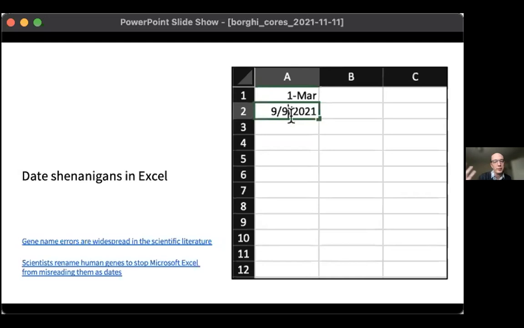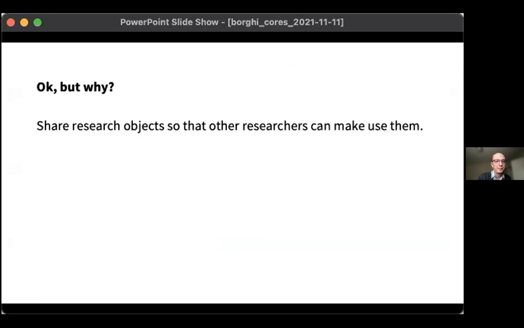And this was noticed because people were able to go in and look at the data set and examine them. The result of this acknowledgement of error has been that these genes have been renamed, because it has turned out to be much easier to change the name of genes than to change people's behavior related to importing things into Excel. So, again, this is a humorous example, but one just to show how simple unintentional errors can be caught as you open your data and share it.